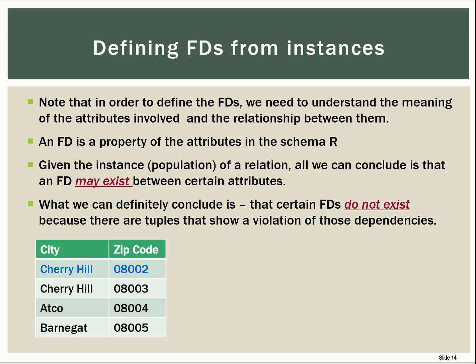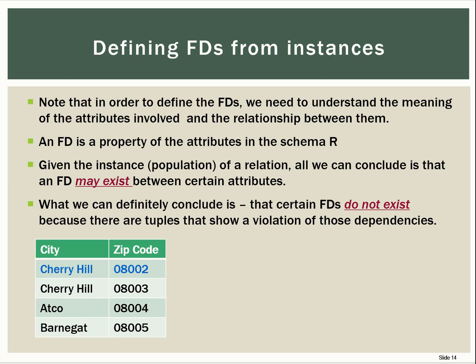So with just one more row of data, now you can see that the functional dependency that the city determines the zip code is no longer true. When we add in Cherry Hill 08002, we can see that the city cannot be a determinant. And so therefore, it's important when you look at your data in a table to be careful about making assumptions about it.